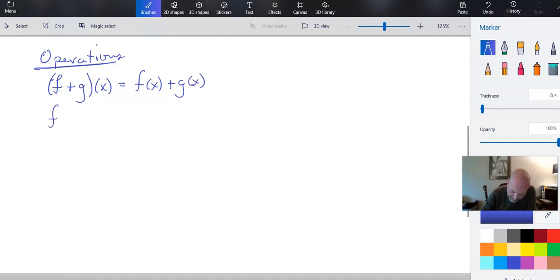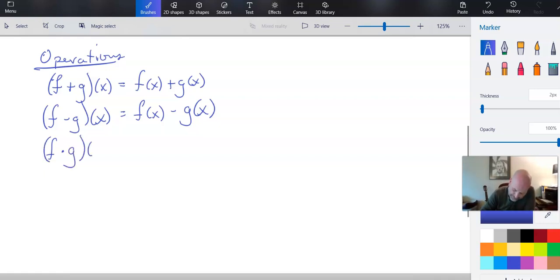If I have f minus g of x, that's taking the function f of x and subtracting g of x from it. If I have f times g of x, that means take the function f of x and multiply it by the function g of x.